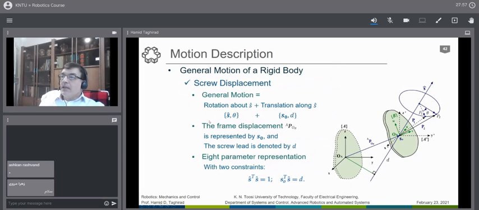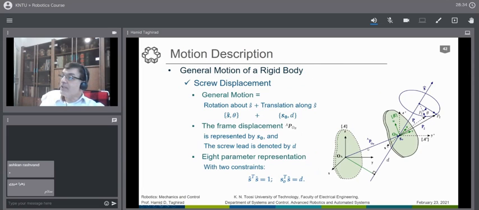Again, I will go through that. It is good to repeat this again. We have a presentation with a screw, 4 parameters for rotation, a vector S, and theta, the angle of rotation, and we have the translation along S. We call this vector POB, we call it S0, the vector S0, and we can basically project this vector onto this line S hat.